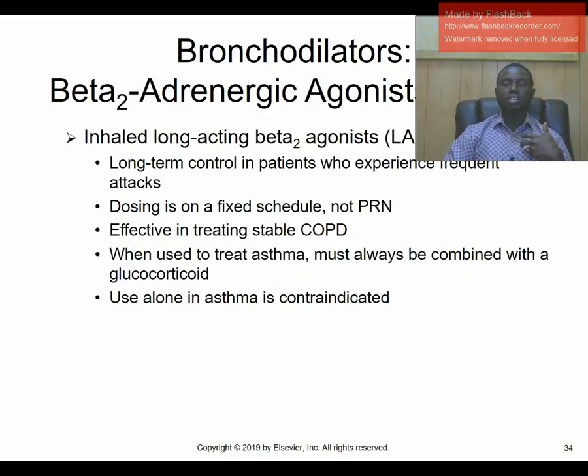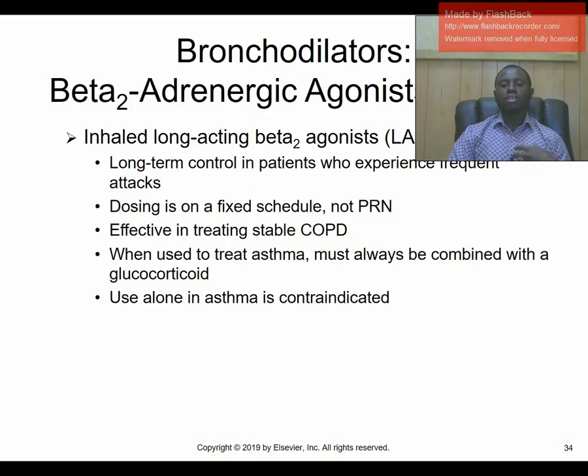However, the nebulizer, as I mentioned earlier, is the preferred mode of delivery in the hospital. There is also the second type of beta adrenergic agonist, which is the long-acting beta-2 agonist.